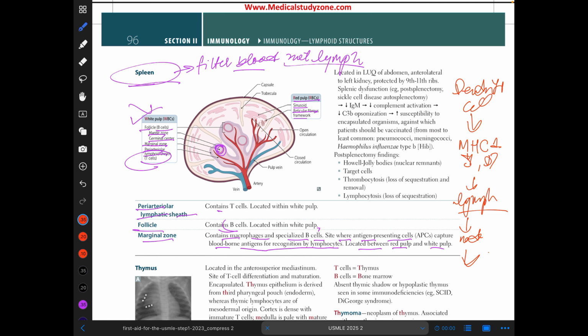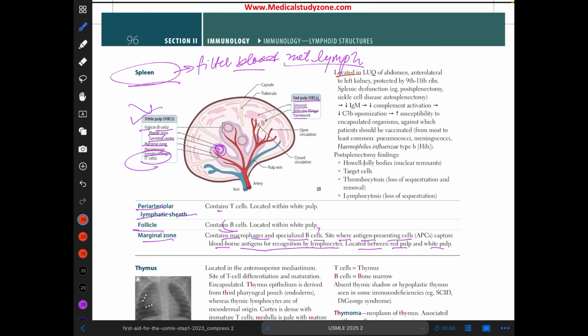Then that dendritic cell presents the antigen to the T cell, and there will be an antigen presenting cell in the lymph node that processes the antigens, and there will be B cells that react to the antigen, and that is called the adaptive immune response.